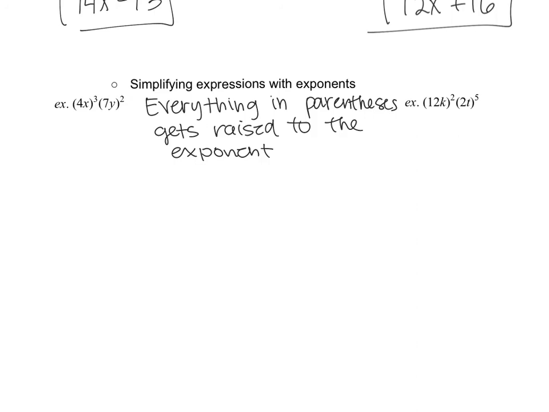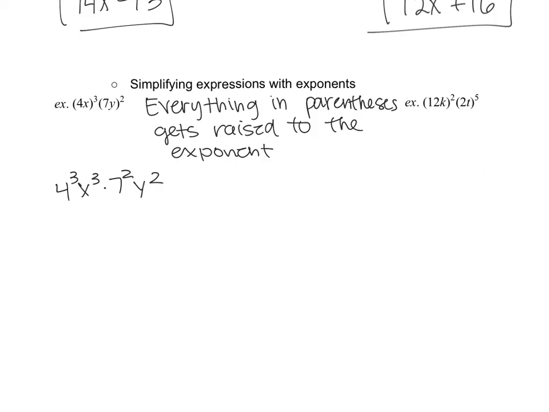So in our first example, we have (4x) cubed times (7y) squared. Everything gets raised to the exponent, so 4 cubed x cubed times 7 squared y squared.